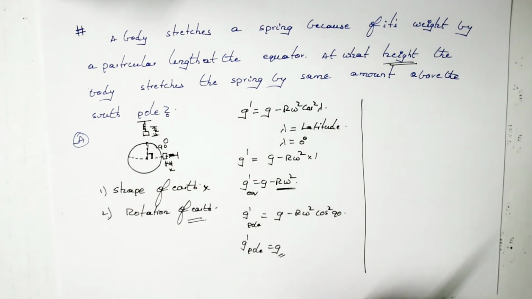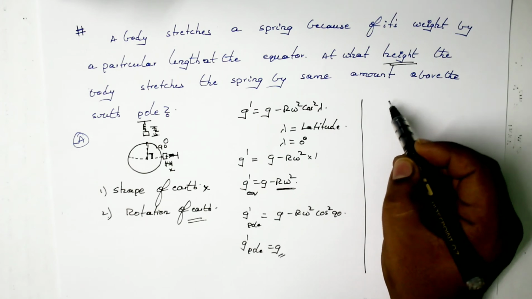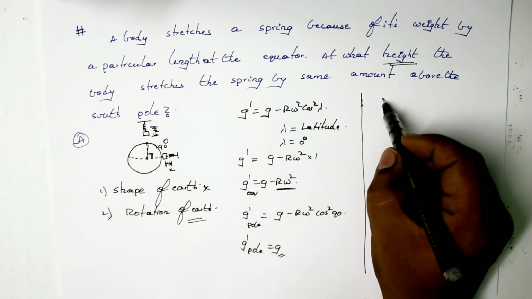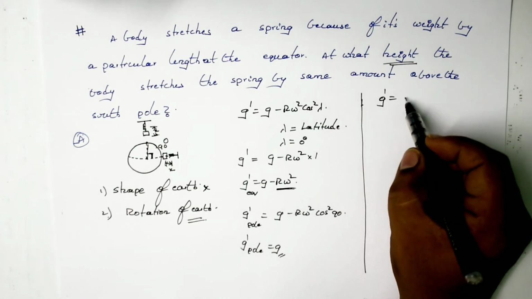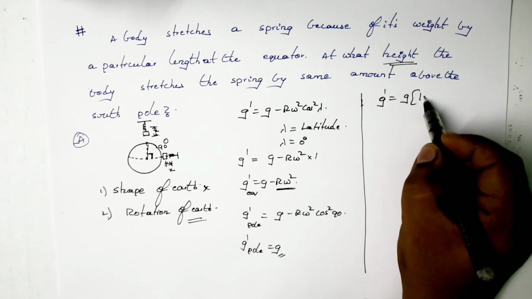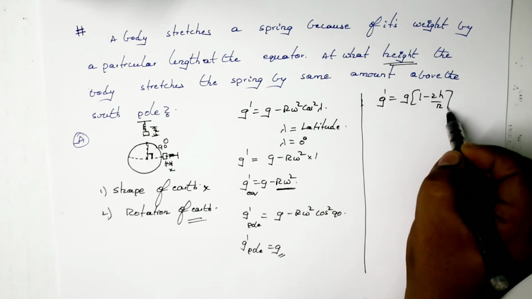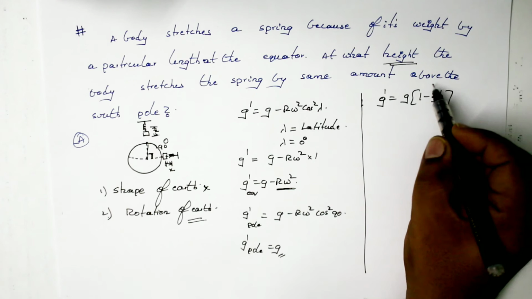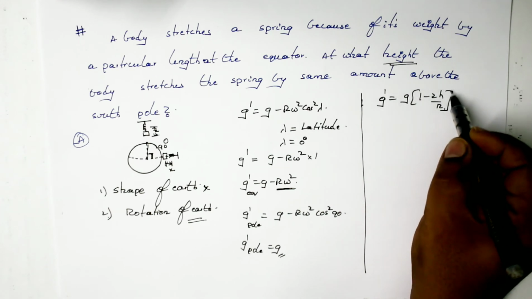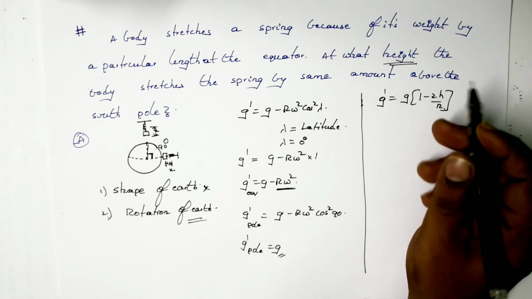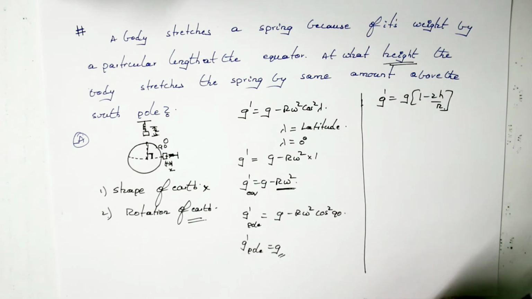So I have to take this spring and mass system only by a small height above the surface of the earth. For small heights, or small changes in g value, I can always write g dash is equal to g into 1 minus 2h divided by R. This is the g value because of altitude, that is, height from the surface of the earth.